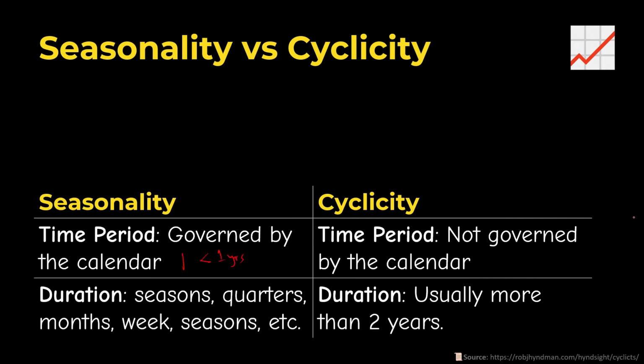Whereas cyclicality is not governed by the calendar, and it is greater than 2 years. In seasonality the duration could be different seasons, quarters, months, weeks, or hours, while in cyclicality the duration is usually more than 2 years.